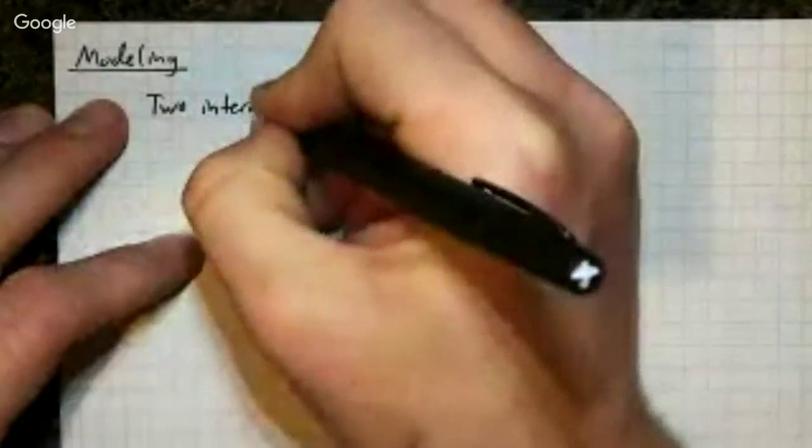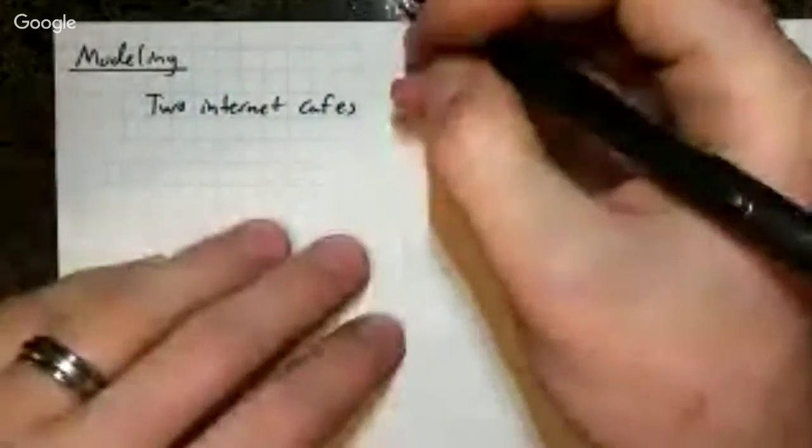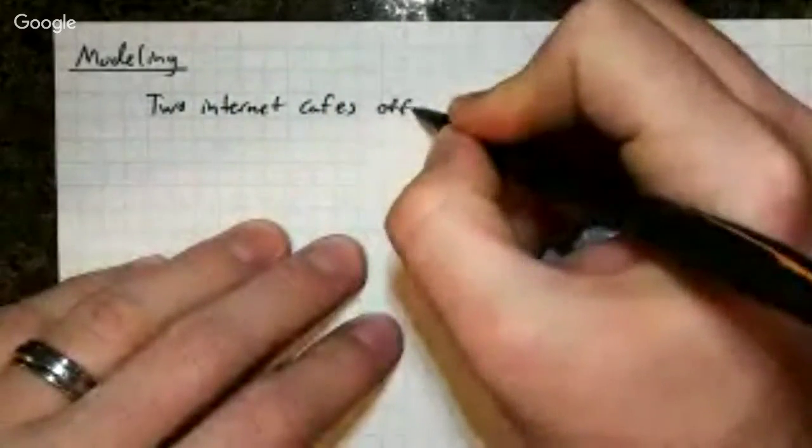Okay, and our modeling question for today is going to be, I'll be writing it out right here, 2 internet cafes offer plans.